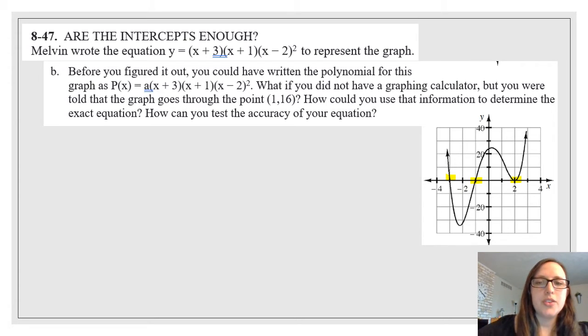And what we need to do is find an exact equation based off of the fact that we have a point at (1, 16). This means that I know I have an x value of 1 and a y value of 16. And so we're going to plug that into our equation.